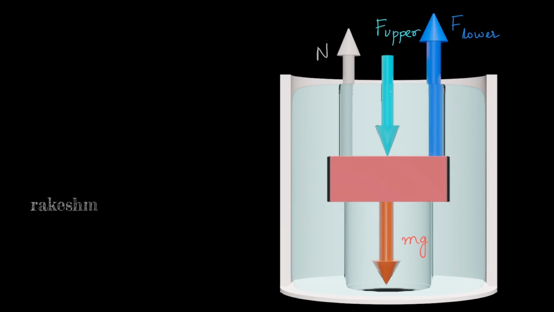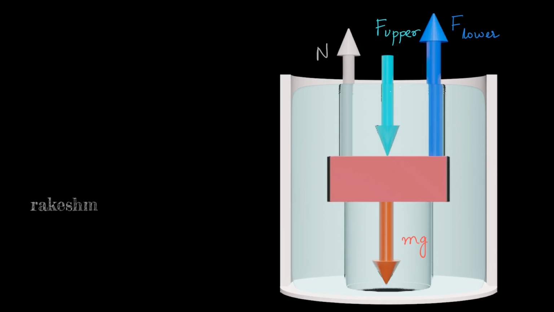Next, the force due to the liquid on the upper surface of the block. I am writing this as F upper, and the force exerted will be in the downward direction. The liquid also exerts forces on the block from the sides, but as these forces are equal, they cancel out, so I am not writing those forces here.